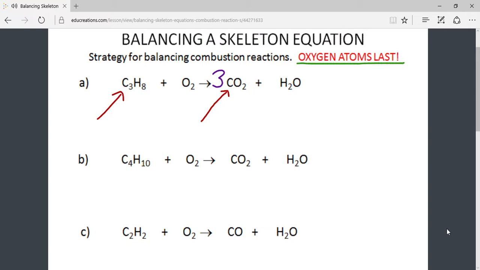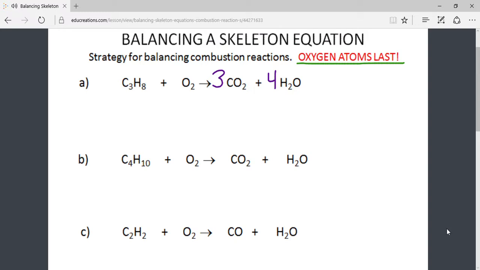Now that carbon is balanced, let us go ahead and balance our hydrogen. You can see on the reactant side there are 8 hydrogen atoms. However, on the product side, there only exist 2 hydrogen atoms. Therefore, the coefficient 4 will be chosen as the multiplier to create the 8 hydrogen atoms necessary.